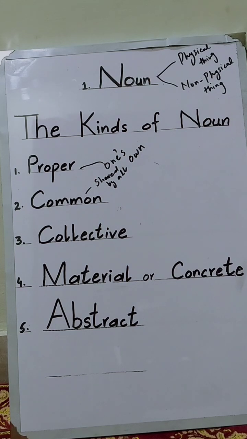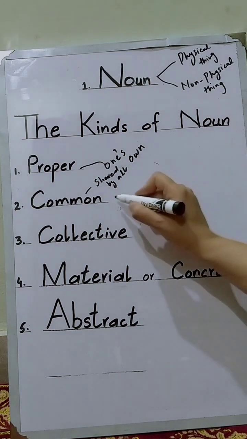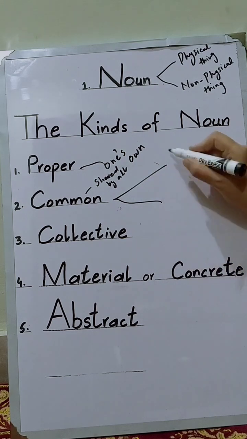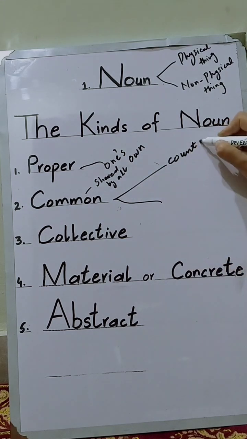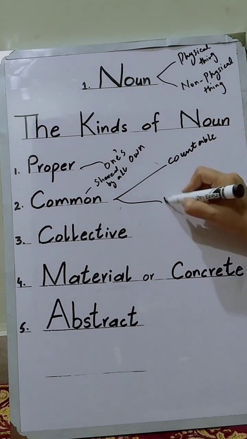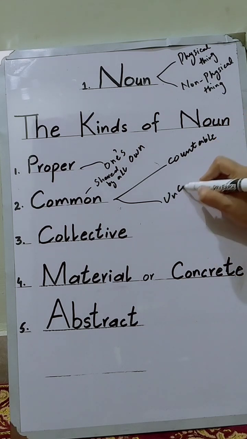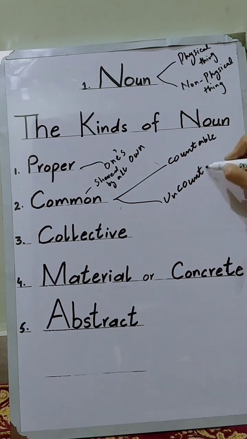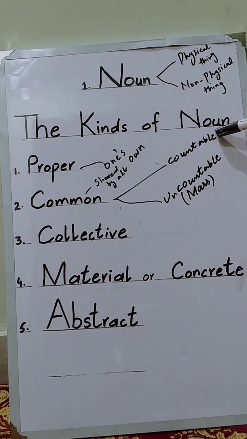Most common nouns may also be classed as countable nouns and uncountable nouns. Uncountable nouns are also known as mass nouns. Countable nouns are so called because they can be counted.